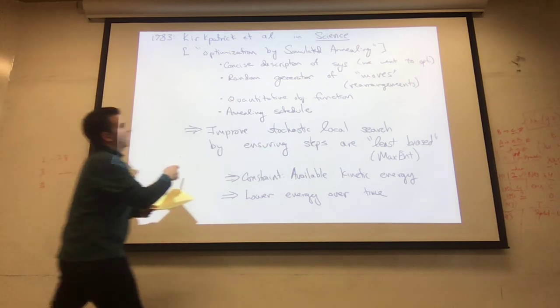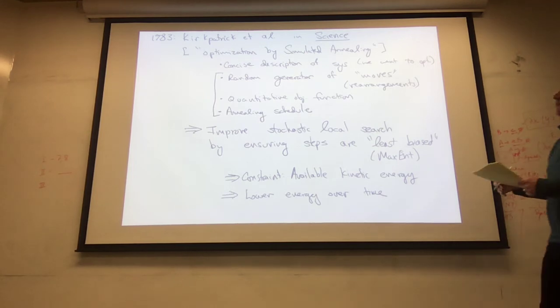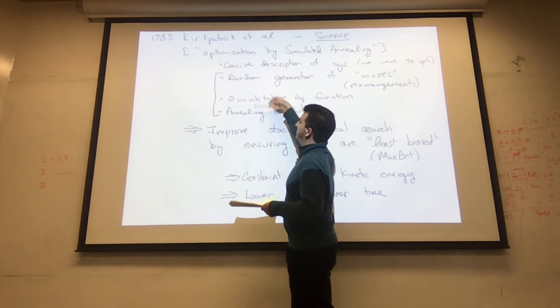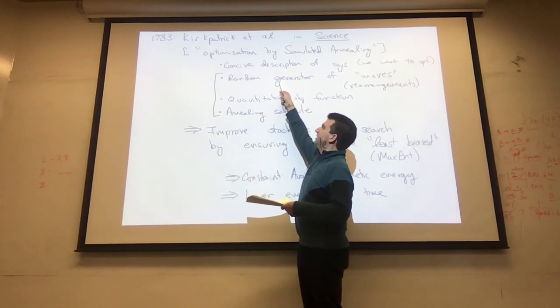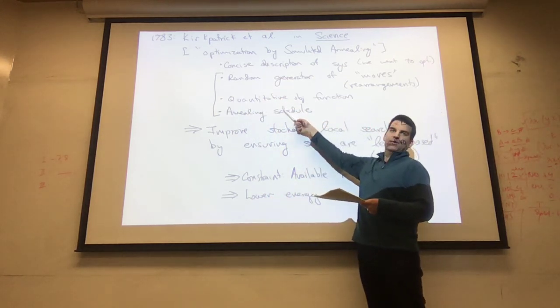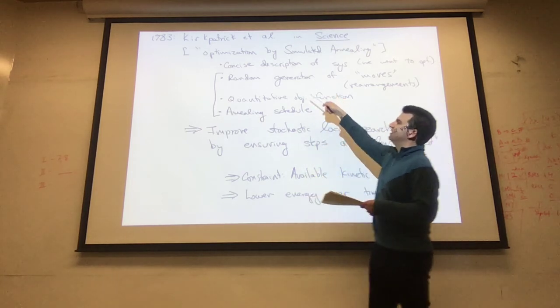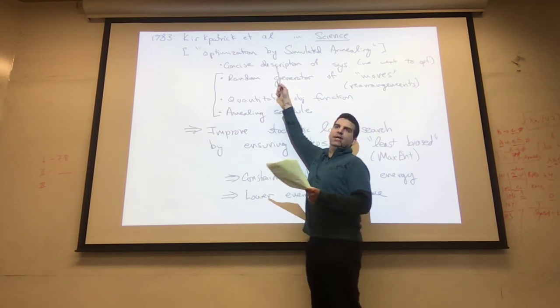So to me, I would focus on, without me going back and reading the paper, this is why I should review my notes before lecture. But these are what I sort of view as: you can specify a random generator of moves, which is that proposal function we'll see. You need an objective function and you need a way to cool down the temperature. And so this concise description of the system, I think, is his way of saying the Metropolis-Hastings algorithm.